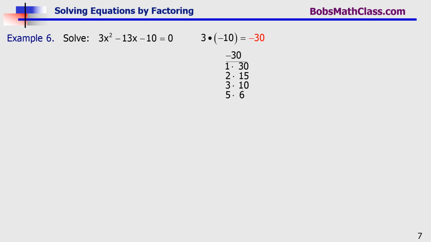If it was a plus 30, then you would want the numbers that add to be 13, and then you would use 3 and 10. So in this case, we're not going to use 3 and 10, we're going to use 2 and 15. And in the signs, we want a negative 13, so that will be positive 2 and negative 15. Okay, separate your trinomial into 4 terms using the pair.